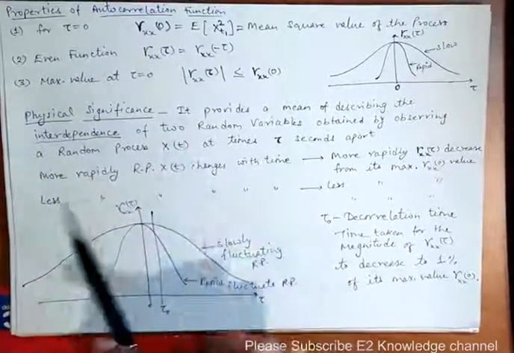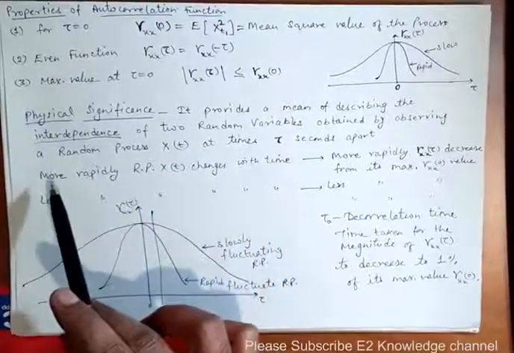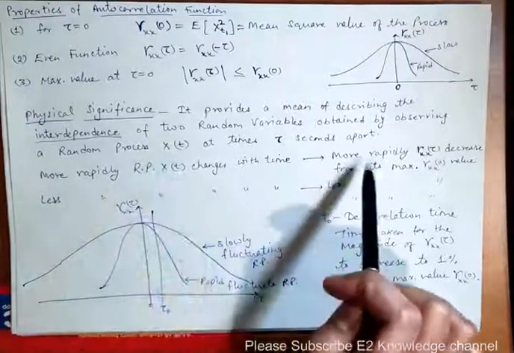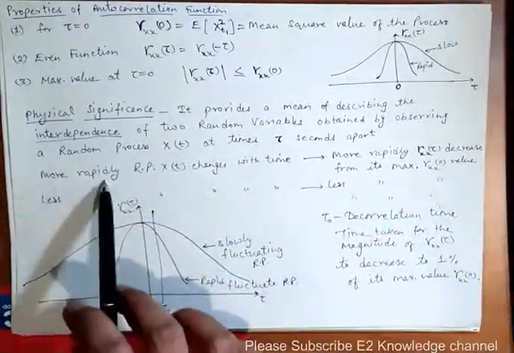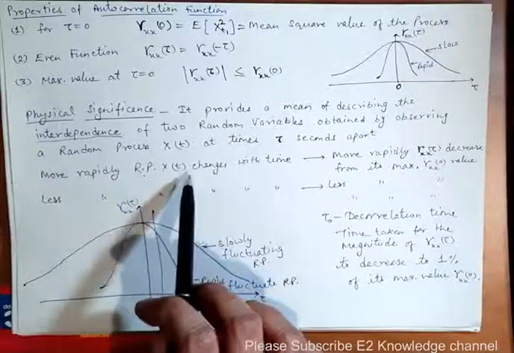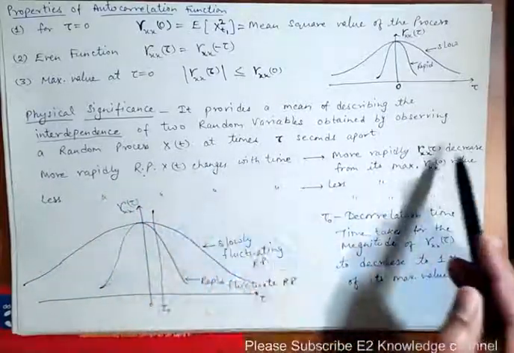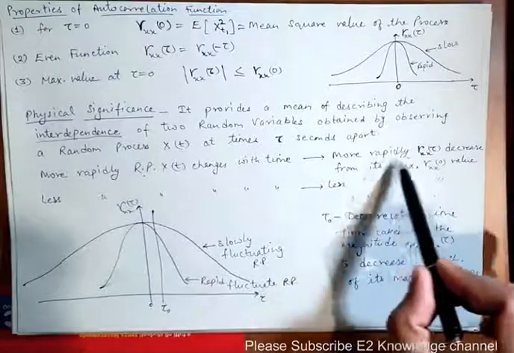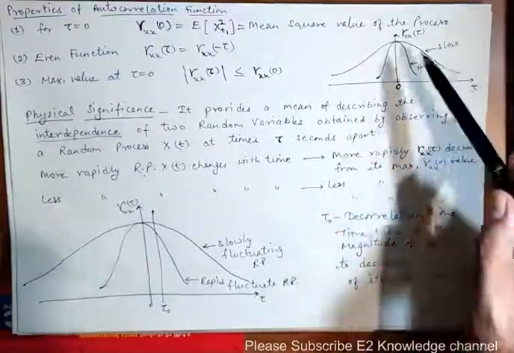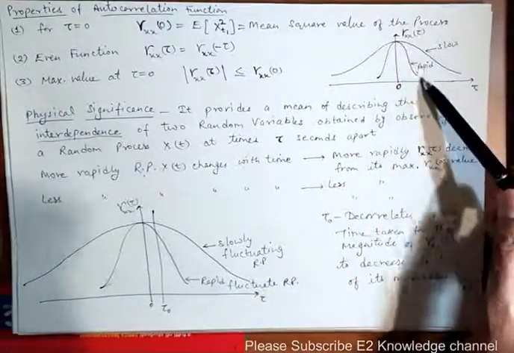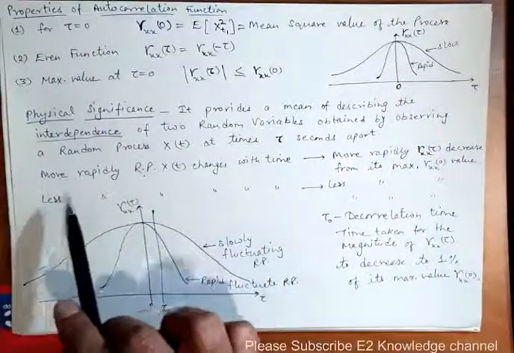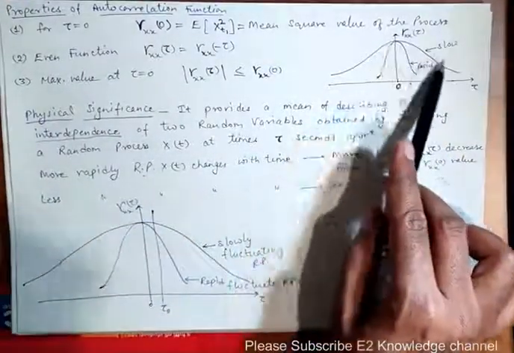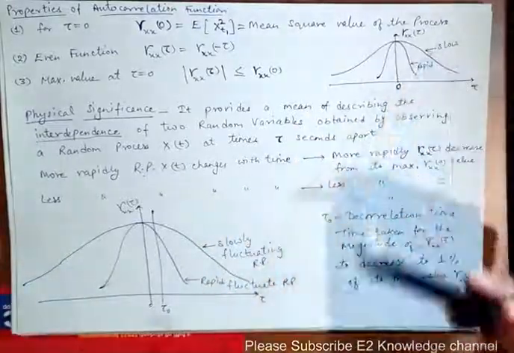Further, we can characterize by this function a random process as a rapid or a slow random process. The more rapidly a random process changes with time, the more rapidly the autocorrelation decreases. If the autocorrelation decreases very rapidly, it is a rapid random process. If the autocorrelation function decreases slowly, it is a slow random process.